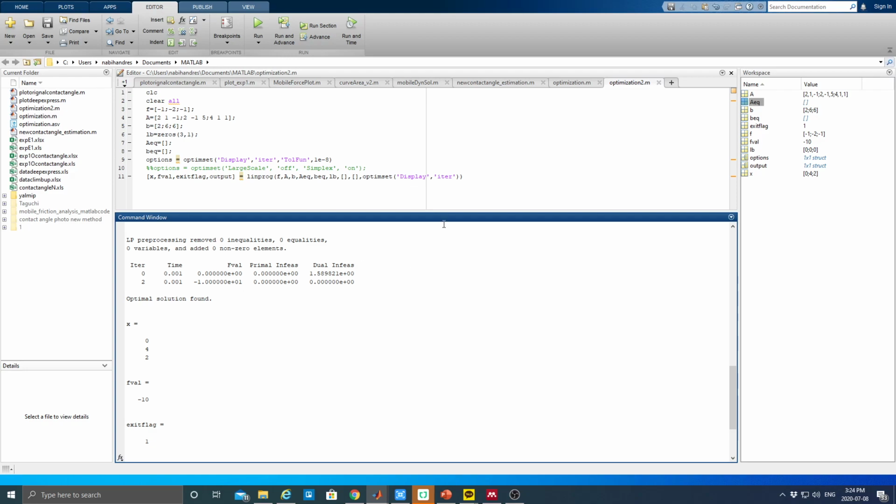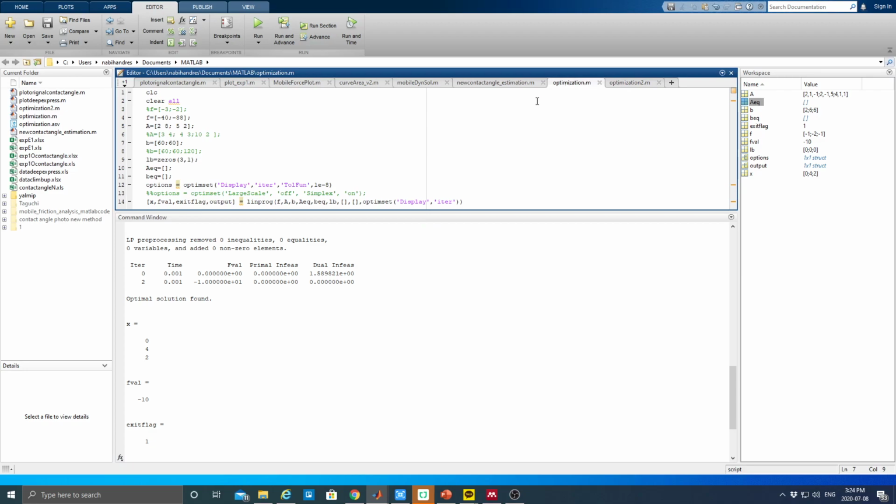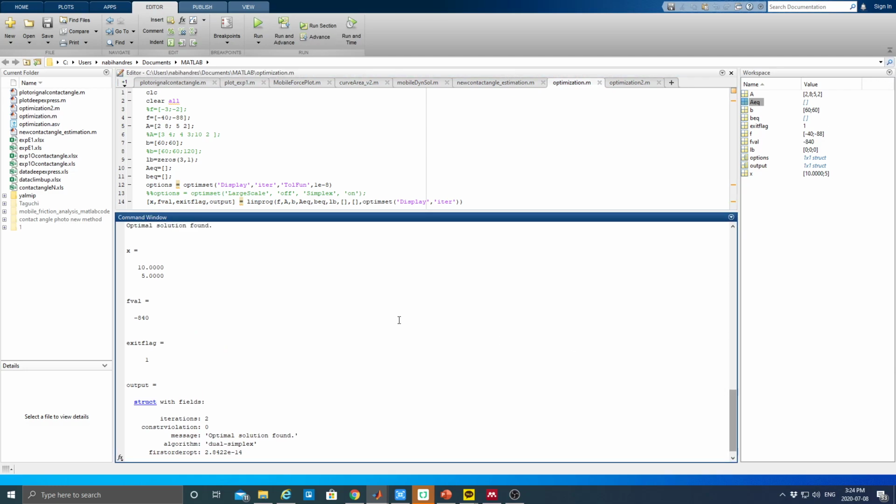We are going to do the same exercise that we did the first time. In the first exercise we put the functions and the A values of the matrix, and we get 10 and 5, and 840. Those are the results that we get in the mathematical equation of our example.